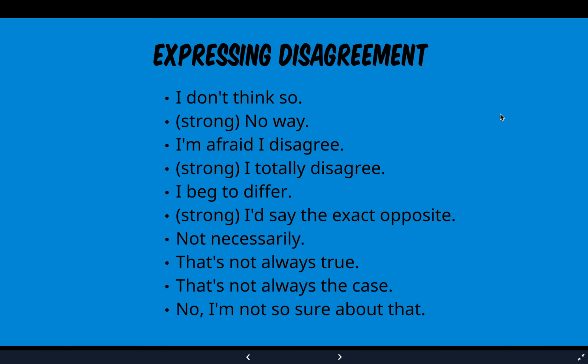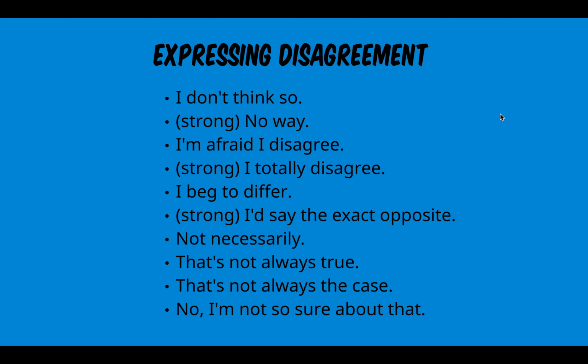Expressing disagreement: I don't think so. If someone says it's really difficult to learn English, you can say I don't think so. Sometimes you can show your disagreement in a strong way, that is, no way. For example, tomorrow you are going paragliding, then you say no way.